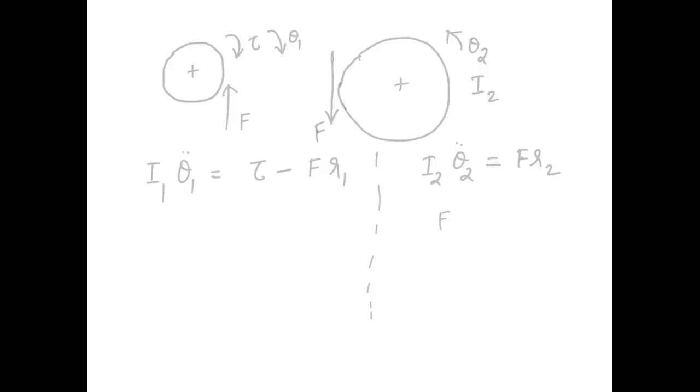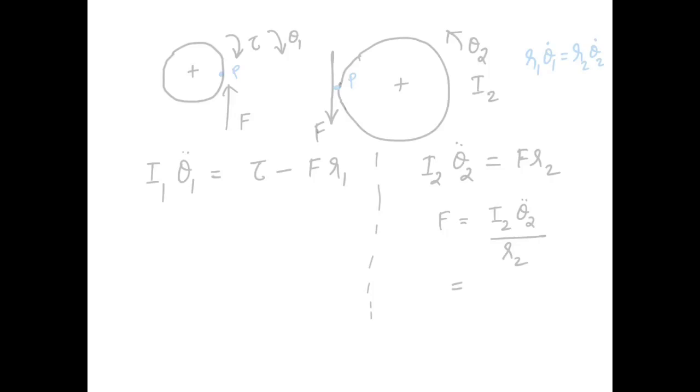From this equation F can be written as I2 theta 2 double dot divided by R2. But from the previous step we established that at the point P the velocity of both points should be the same, so R1 theta 1 dot should equal R2 theta 2 dot.